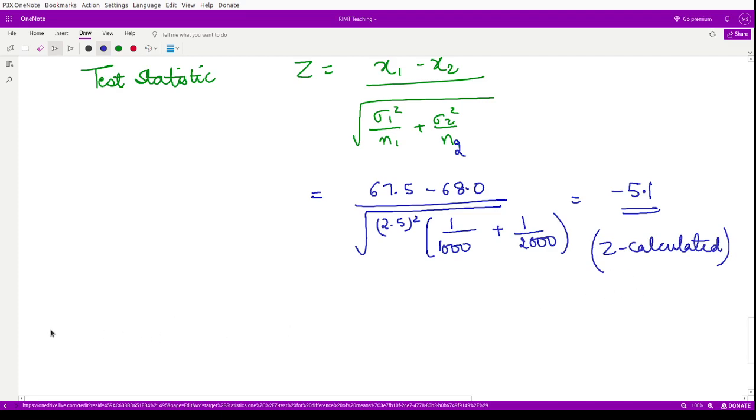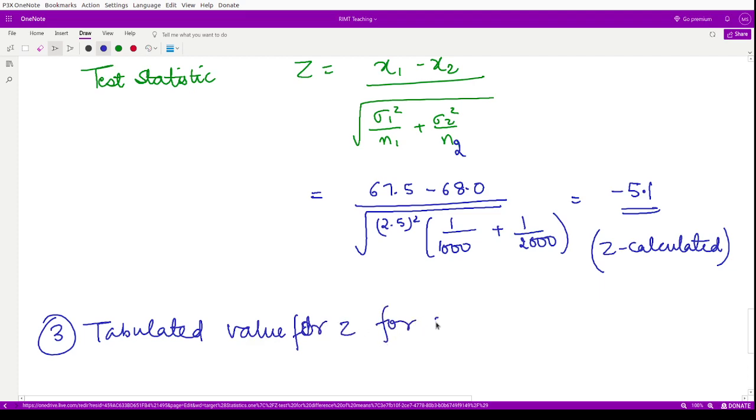So now the next step is to get the tabulated value for Z for 5% level of significance. So if you refer back to the table, there you would see the value of Z for 5% level of significance.